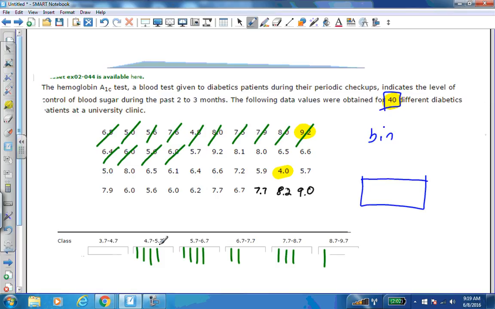5.7. Remember, we're not including the upper boundary, so we're not putting 5.7 here. We are including the lower boundary, so 5.7 would be here.